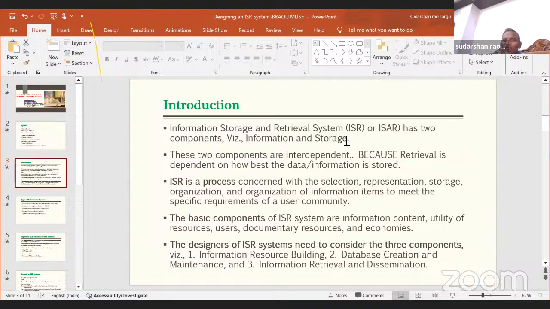So the information storage system, somebody can call ISR system. Some others also call it ISAR system, information storage and retrieval system, isn't it?